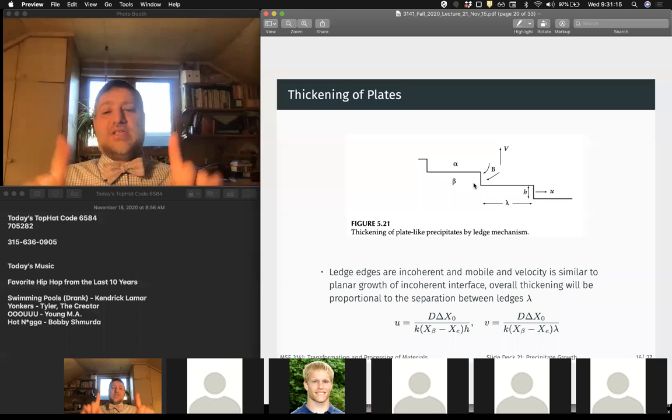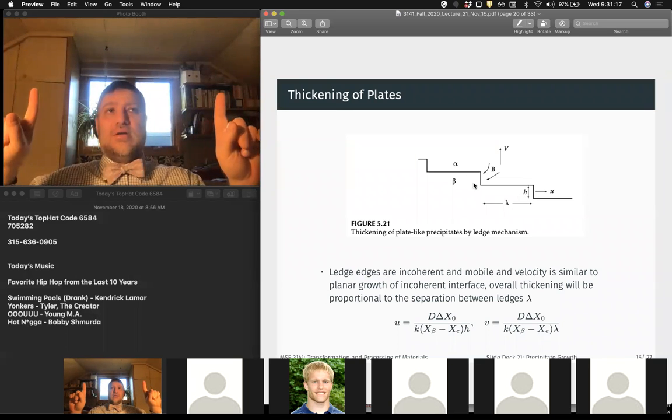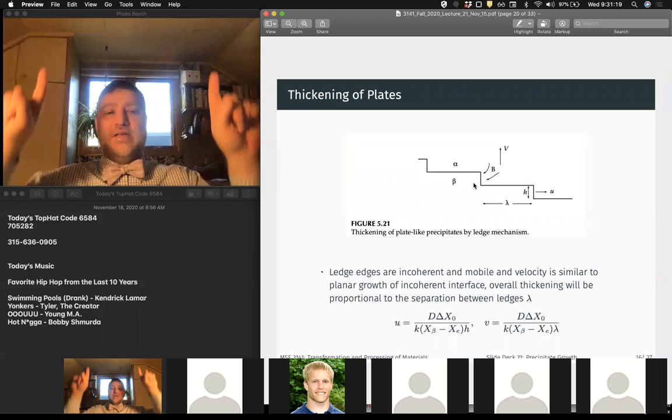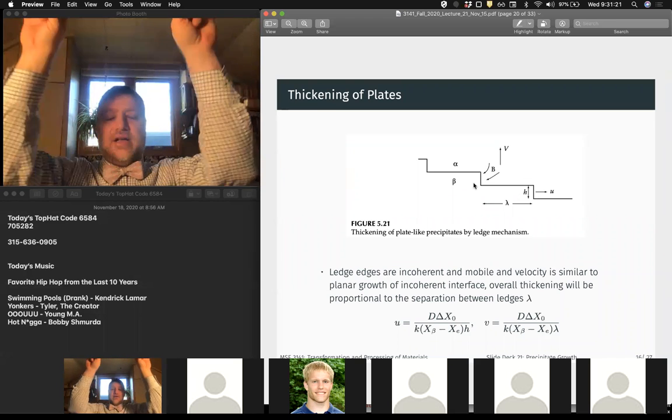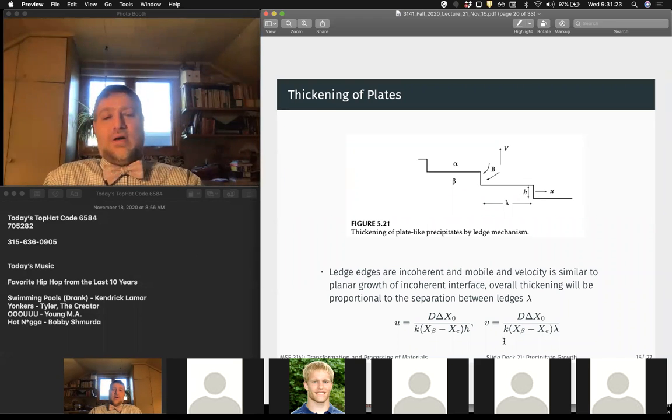If these ledges are very far apart, there's no way I can grow this way quickly, right? So again, the end result is a physical picture that makes intuitive sense. Getting from this schematic to this equation is a lot of effort and not worth it for what we need to do in this class.